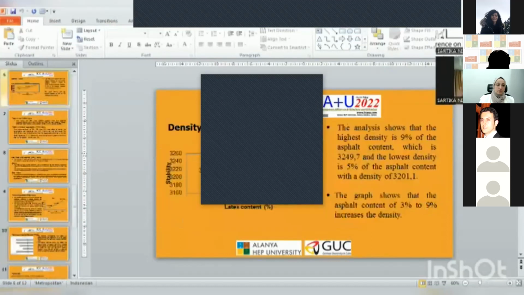And then result discussion of the density value.